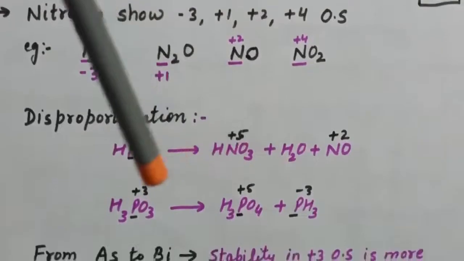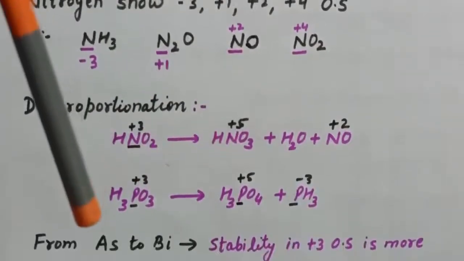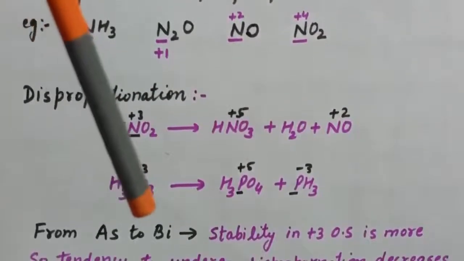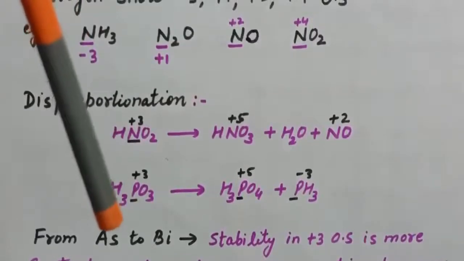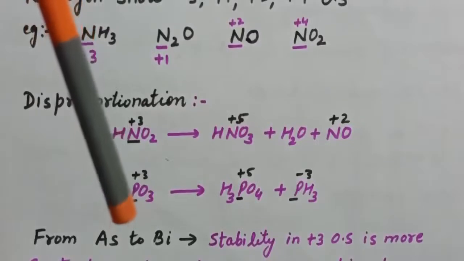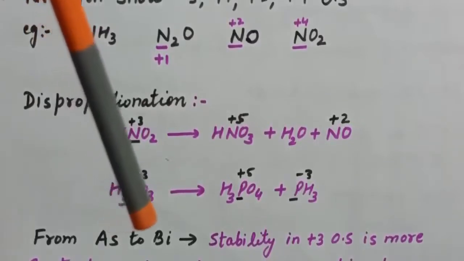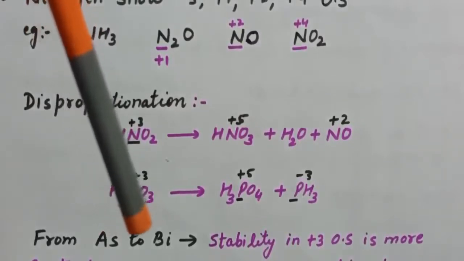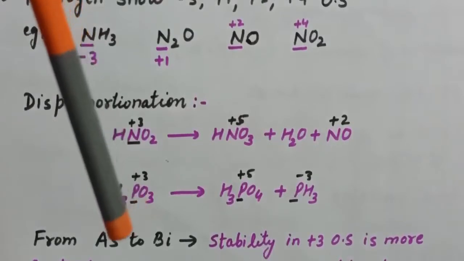Now in the case of arsenic, antimony and bismuth, these elements are stable in +3 oxidation state. If a compound has these elements in +3 oxidation state, then +3 is more stable.